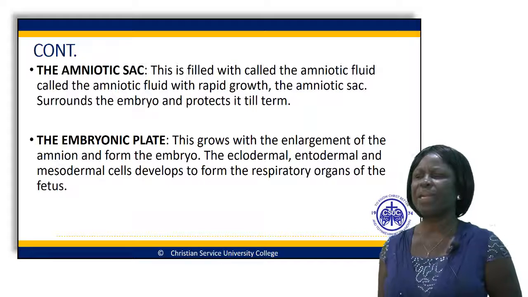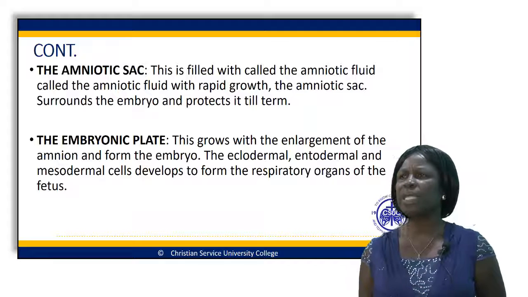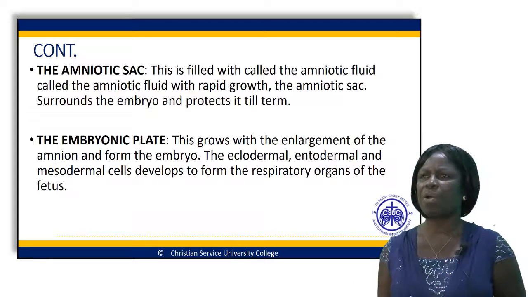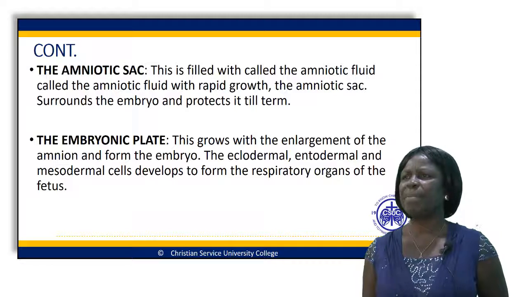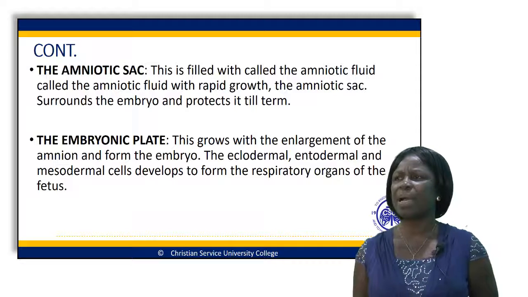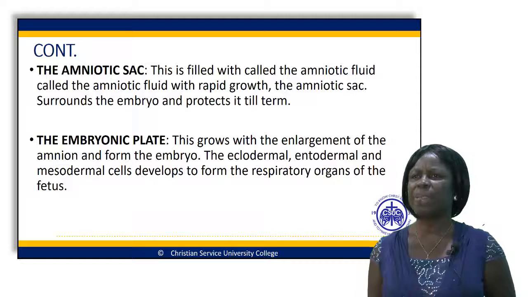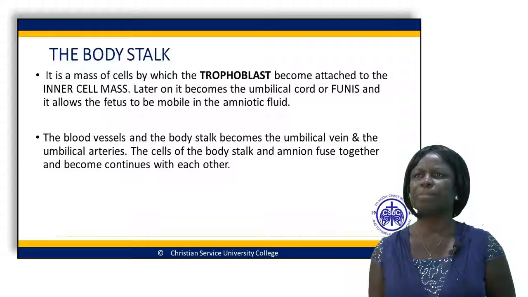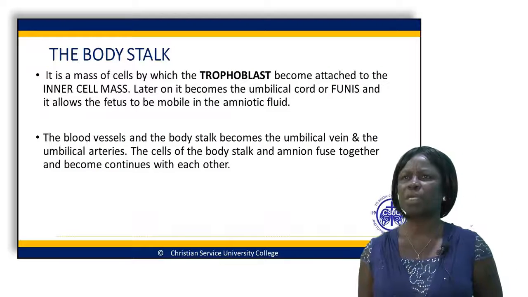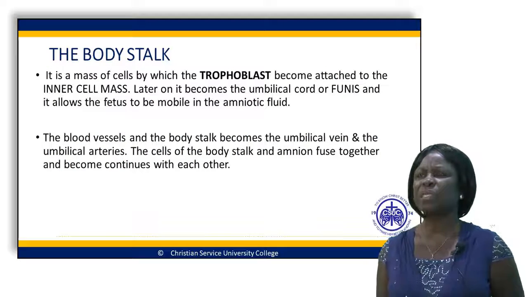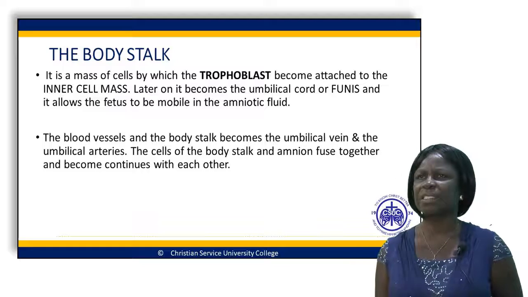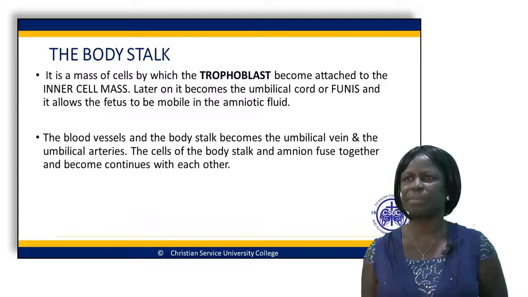The embryonic plate grows with the enlargement of the amnion and forms the embryo. The ectodermal, endodermal, and mesodermal cells develop to form the organs of the fetus. The body stalk is a mass of cells by which the trophoblasts become attached to the inner cell mass.